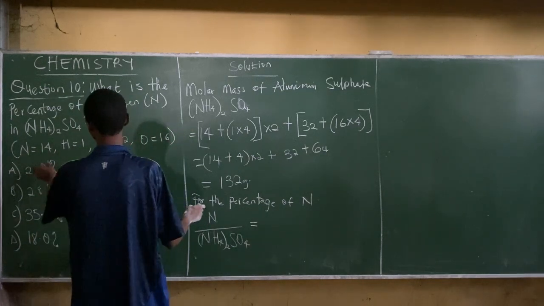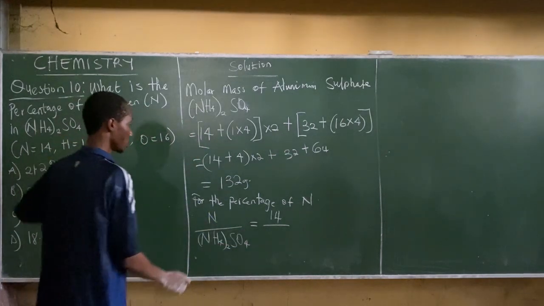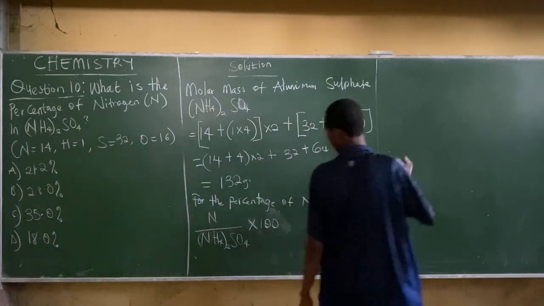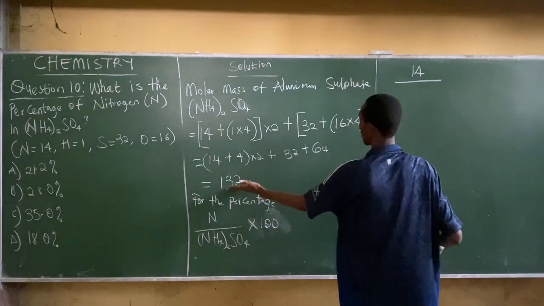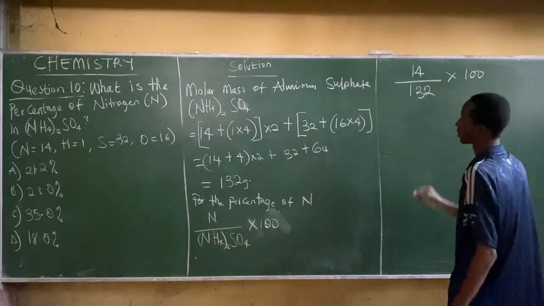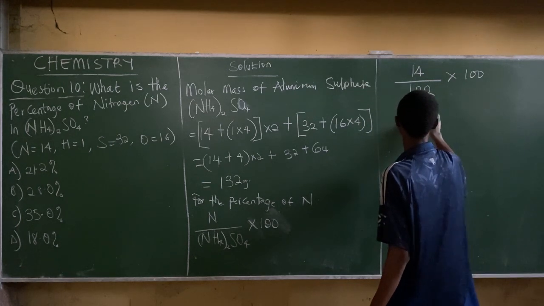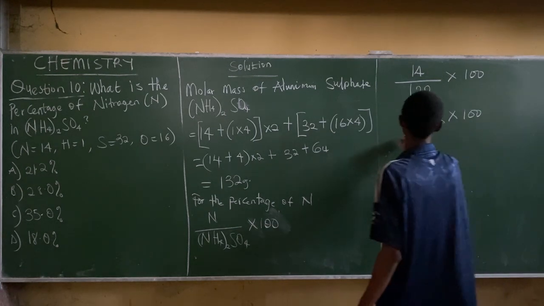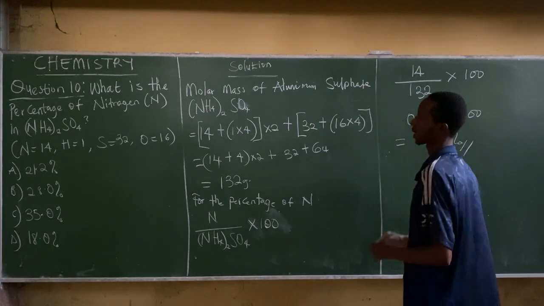For nitrogen, we have 14 divided by 132. Don't forget, for the percentage you multiply by 100. This divided by this will give us 0.212 times 100. It will give us 21.2%. This is our final answer.